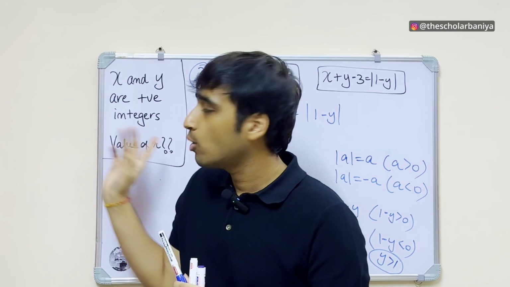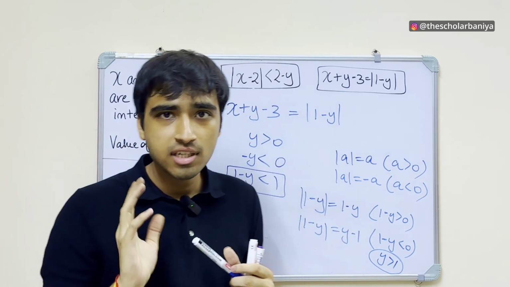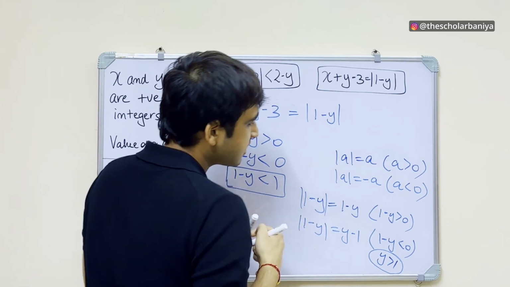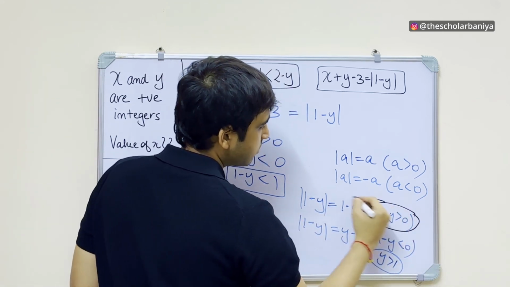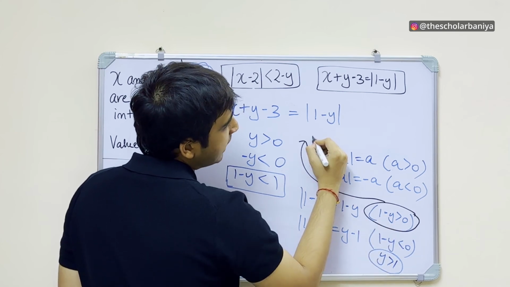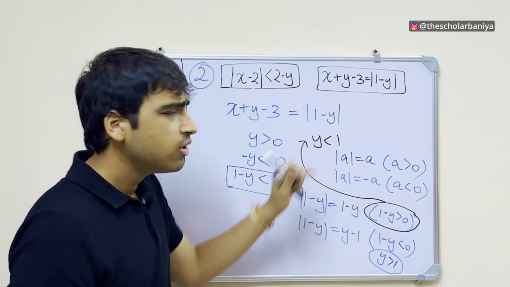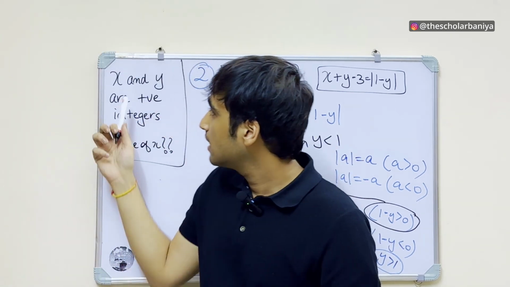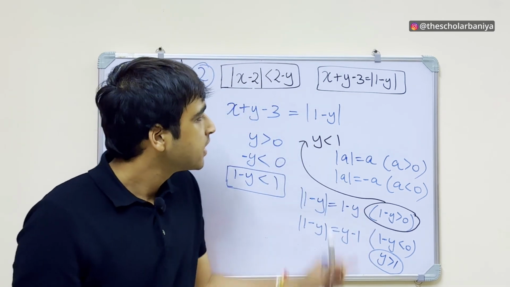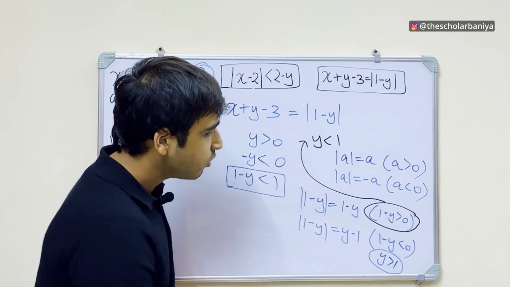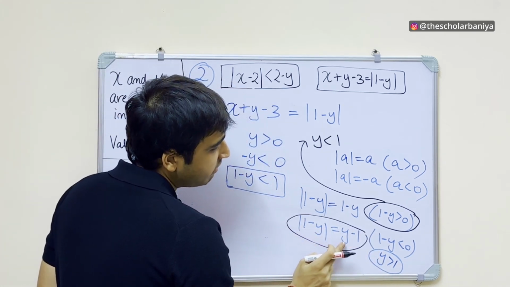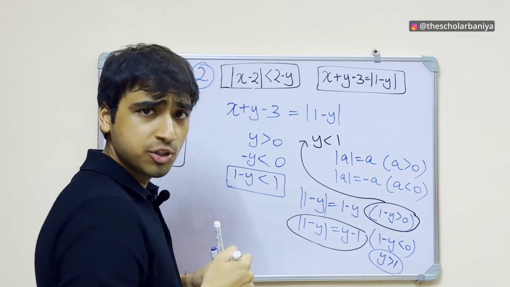And we know that y is a positive integer, so obviously this case is never possible. This is 1 minus y greater than 0, so y is less than 1, but that is not possible, because it is given that y is a positive integer, so y will be 1, 2, 3, whatever. So this case is never possible, so only this case is possible. That means mod of 1 minus y will be y minus 1. I hope this should be clear.